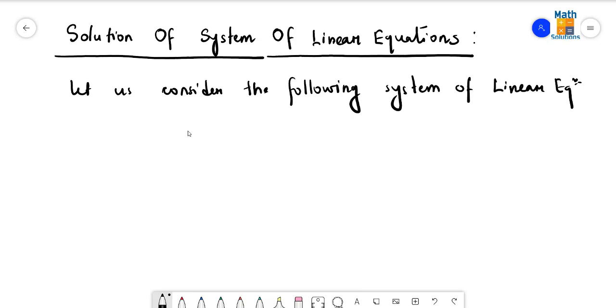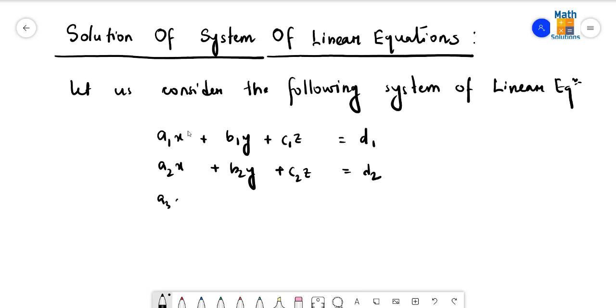The equations are a1x plus b1y plus c1z is equal to d1. Then a2x plus b2y plus c2z equals d2. Then a3x plus b3y plus c3z equals d3.